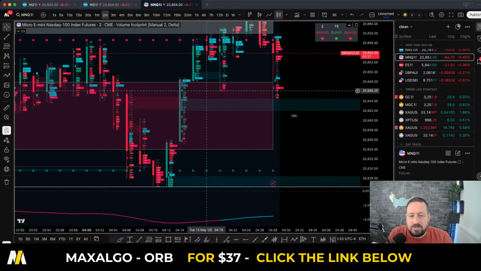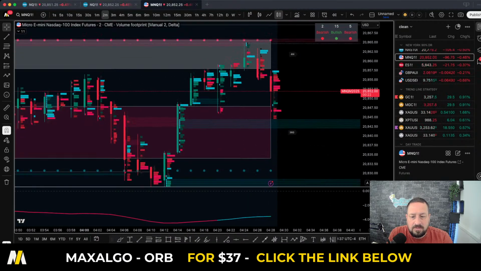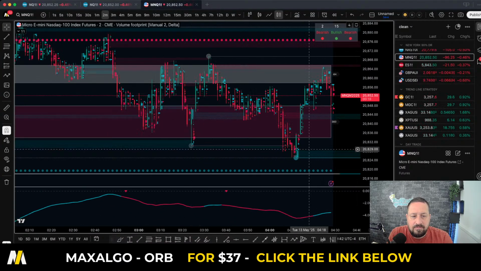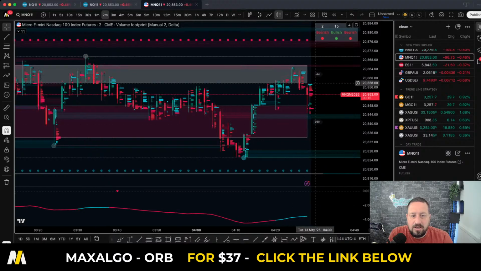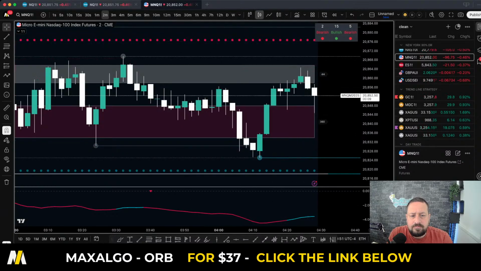But the problem is we are trapped between this range. So we are very tight, and we're currently at the top of the current range, being here. See how we're rejecting out of each one.